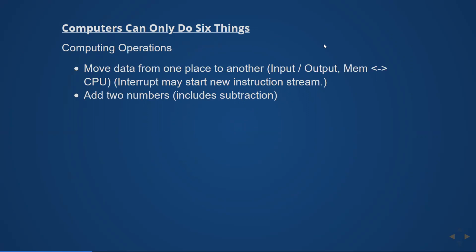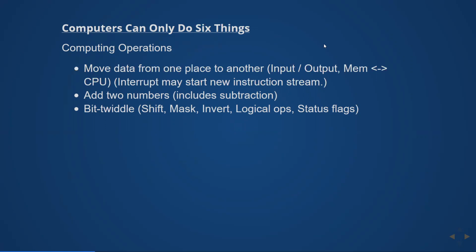It can add or subtract two numbers. That might not seem like a big deal. And it can do what I call bit twiddling. So that means it can shift all the bits one way or another.